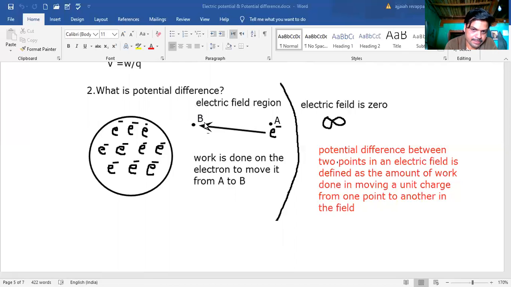This work done to move a unit charge from one point to another point against the field is called potential difference. Potential difference between 2 points in an electric field is defined as the amount of work done moving a unit charge from one point to another point in the field. So like gravitational potential difference, on the ground it is 0.